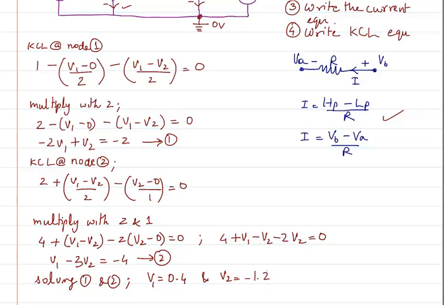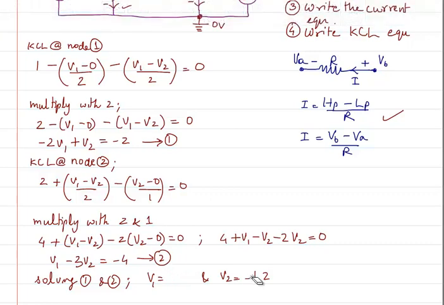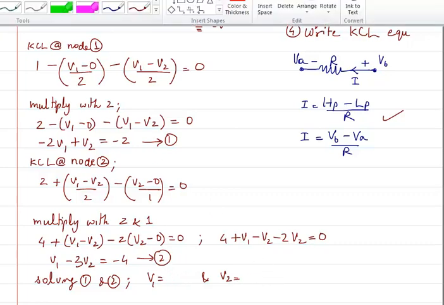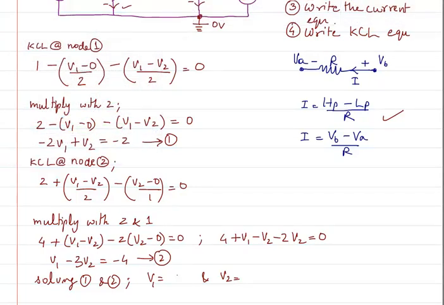Sorry, the answer would be different. I did it again because I was not getting the correct answers. When you use the calculator, we get the answer as 2 volts for V1 and 2 volts for V2. Sorry. If you substitute that in equations 1 and 2, you will get the correct answer.